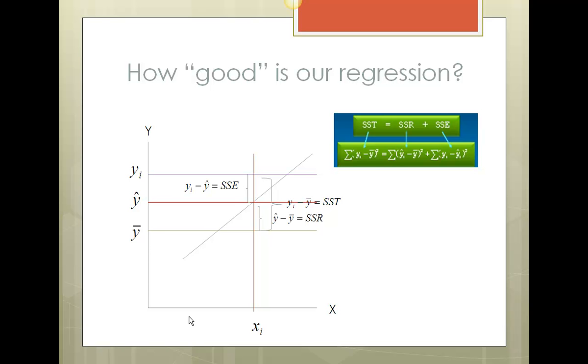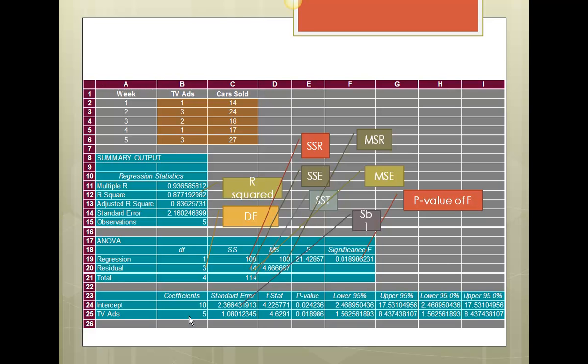So this is kind of looking at how our independent variable relates to our dependent variable. The better that relationship, the smaller our errors will be. So if we go back up here, our goal is to minimize errors.